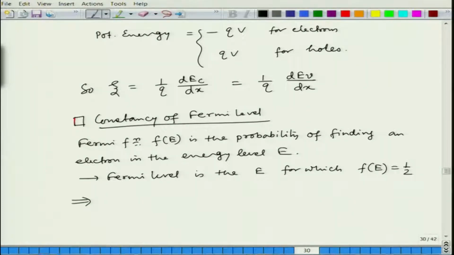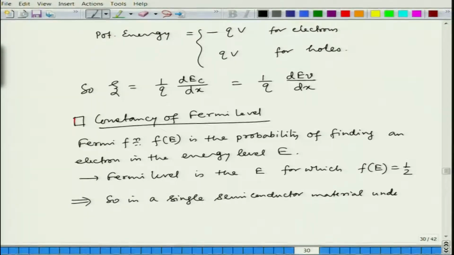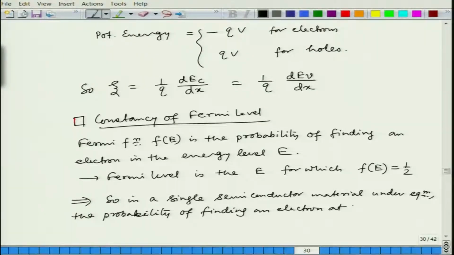So, what you can write? So, in a single semiconductor material under equilibrium, okay, the probability of finding an electron at certain E cannot change, right.